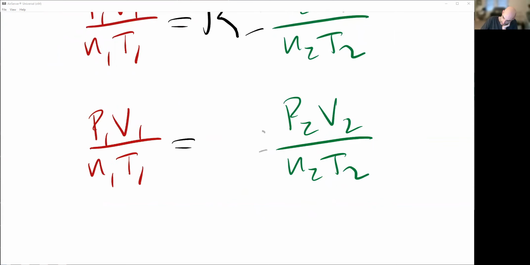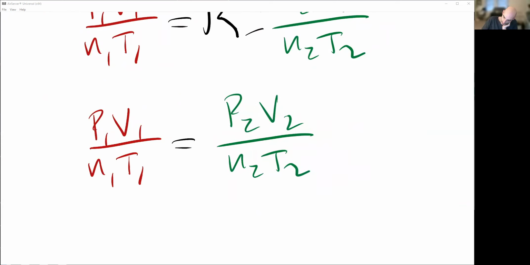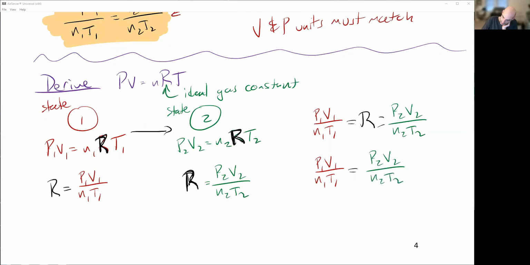So we'll get rid of this R. They're equal to one another. Boom, we have the combined gas law that we have derived. So set them both equal to R, plug them in together, and there you go.